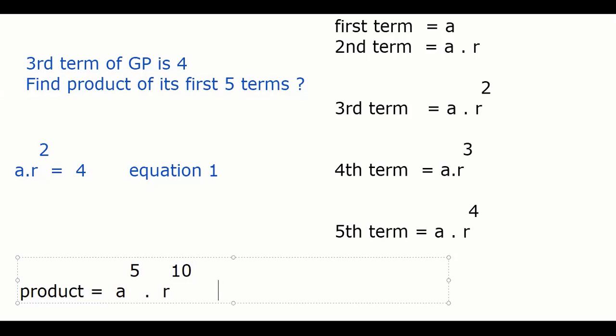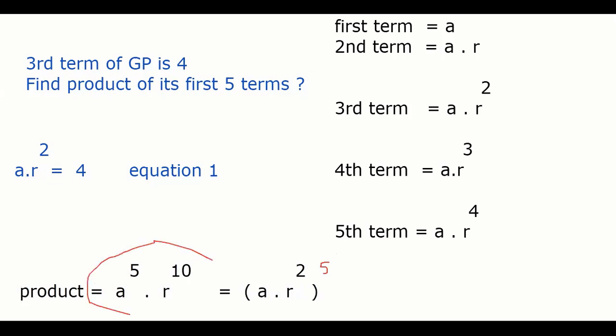Now, I only know A r square. Now it's time to use some maths. Can I write the same thing as a power of a power, like this? It is A r square to the power 5, or not? Yes. Guys, this is all about indices. GP requires a lot of indices.